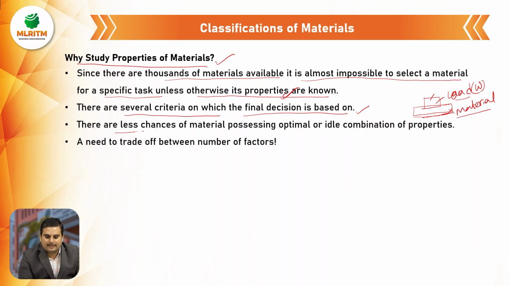There are few chances of a material possessing an optimal or ideal combination of properties. It means we don't have a material with ideal processing and an ideal combination of properties. So we have to compromise and choose the optimal material, with optimal properties, from whatever is available to us.